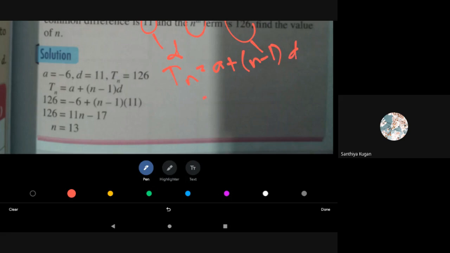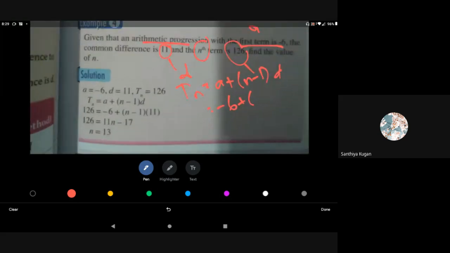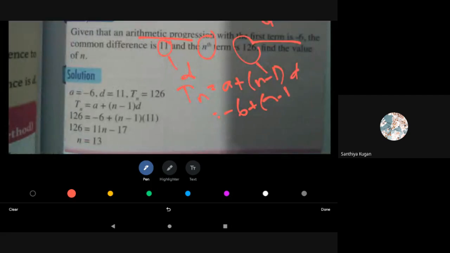So our a is negative 6, n we don't know yet, n minus 1, and d is 11. But we already have Tn here. The value of Tn is 126.